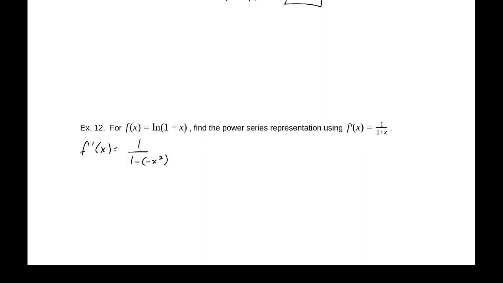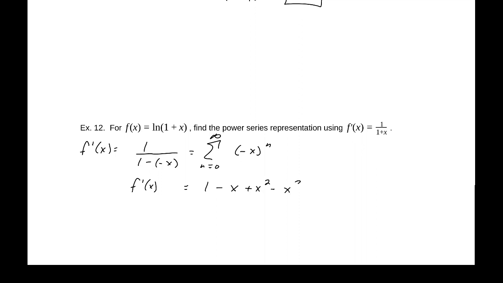So the representation of that would be the sum of (negative x) to the n. So term by term, f prime of x would be 1 minus x plus x squared minus x cubed plus etc.